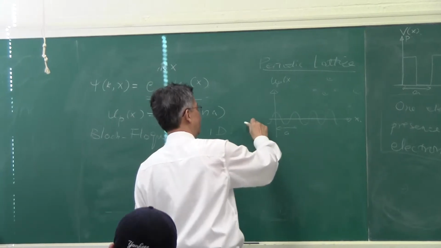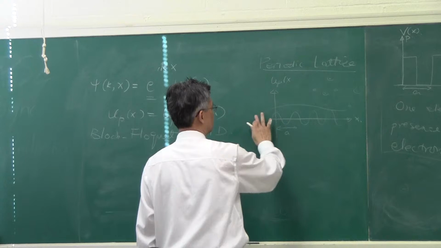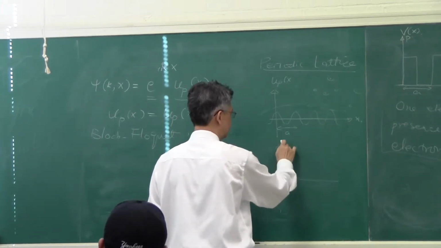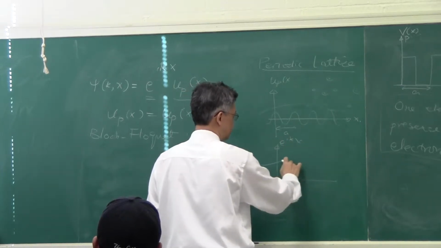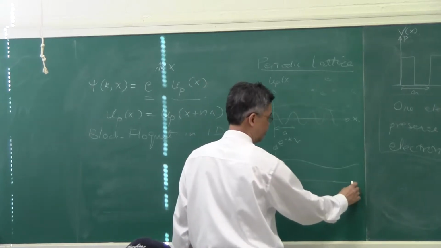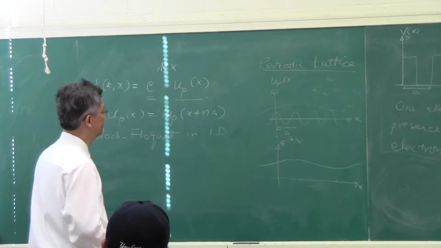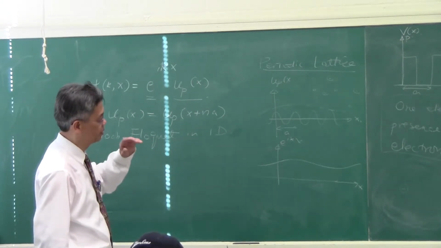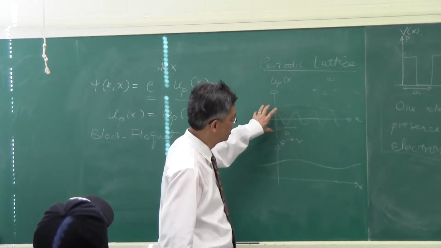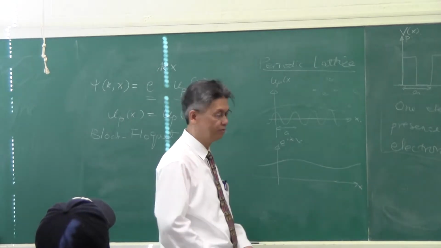Whereas the background wave, if I were to draw e^{ikx} in the background, it might have a much longer wavelength. So you can imagine that there's a plane wave propagating through the structure modulated by this periodic function. The periodic function varies a lot more rapidly compared to the plane wave in the background.